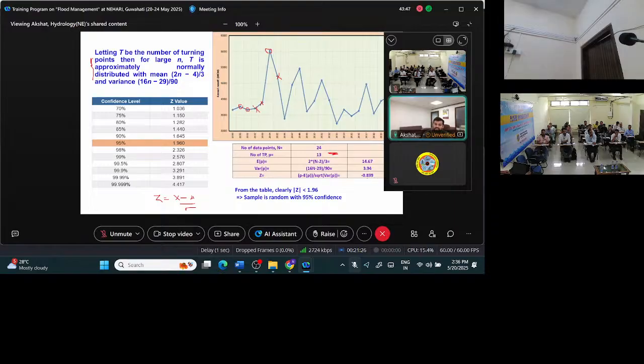It came out to be minus 0.839, and from the table at the confidence level, it is less than 1.96. So we can say that the sample is random with 95% confidence. We generally work in the 95% confidence band only.